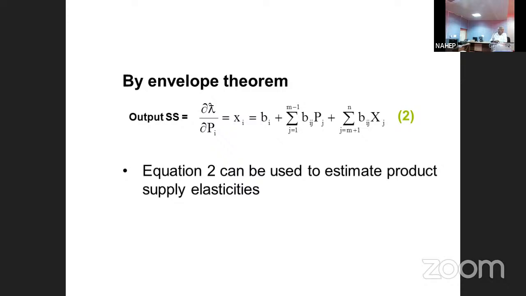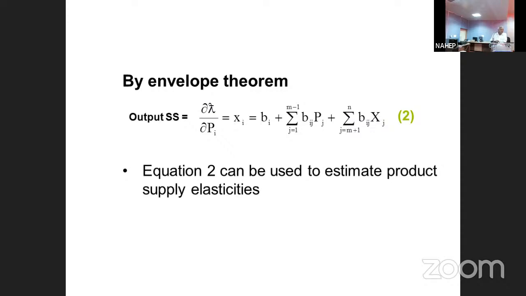If we differentiate with respect to input price with a minus sign, it is the demand for inputs. That way we derive the supply equation and the input demand equation. In the book it has been explained how to derive the factor demand and the supply elasticity by using the profit function approach. This is one way of doing it.